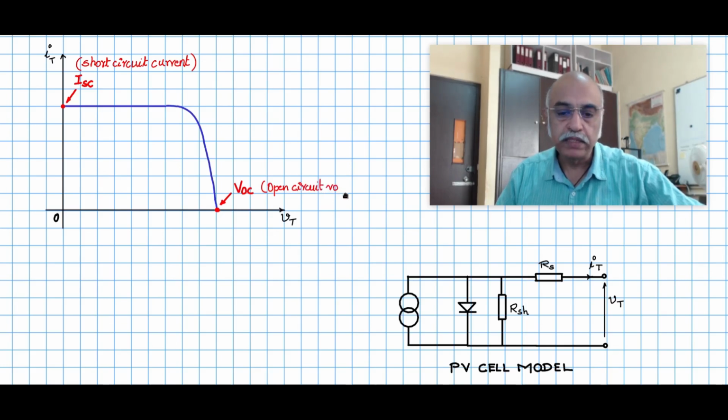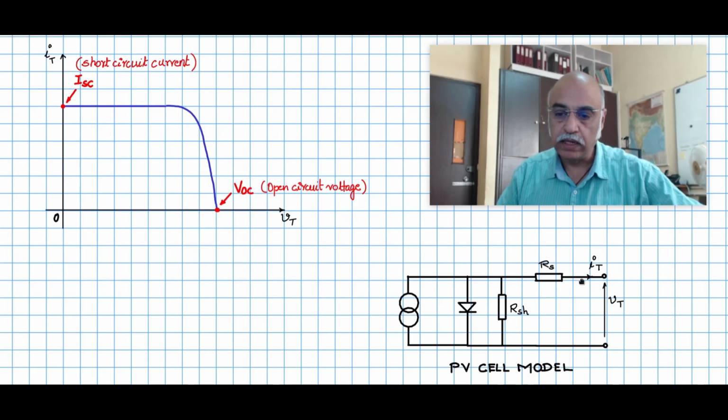This occurs when nothing is connected across the terminals of the PV panel. Then the terminal voltage, VT, is given by VOC.